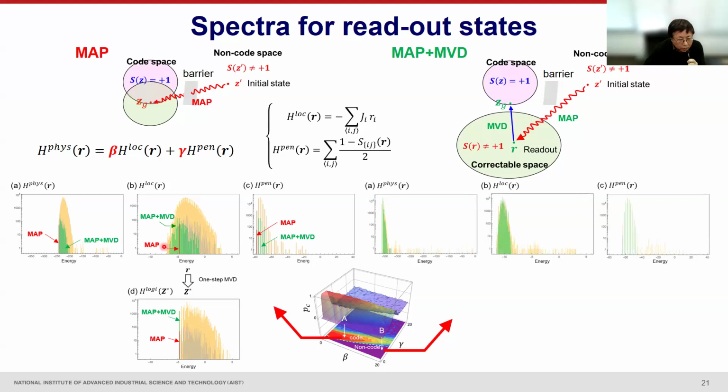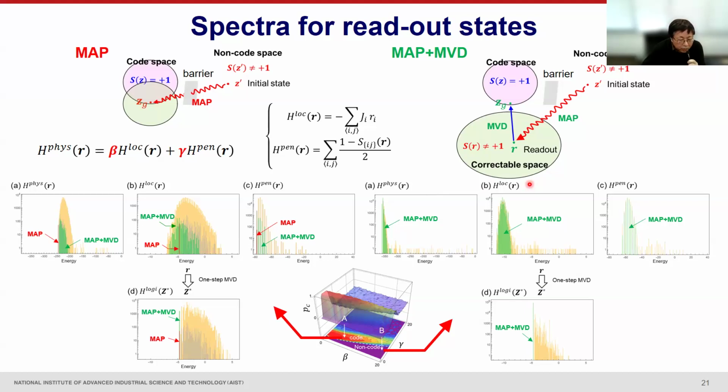This figure shows the spectra of the readout states and decoded logical states. If we set the weight parameter at point B here, from the spectra for these contributed readout states, we confirm the previous conclusion.